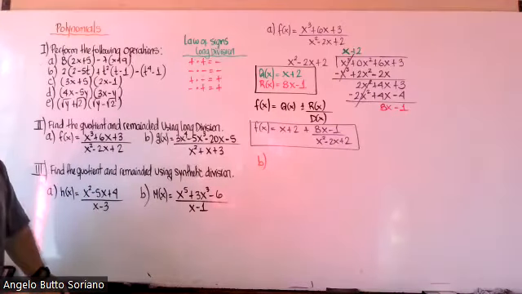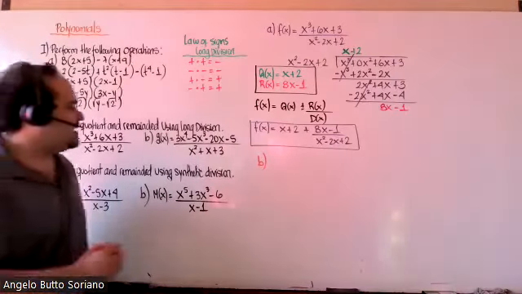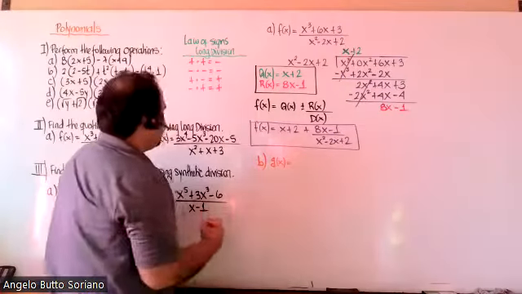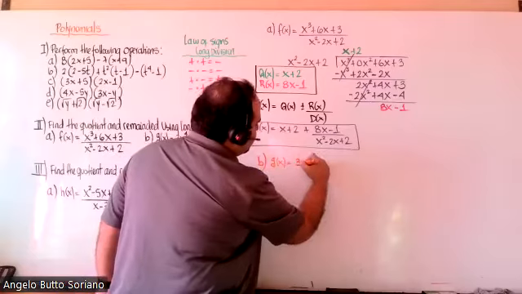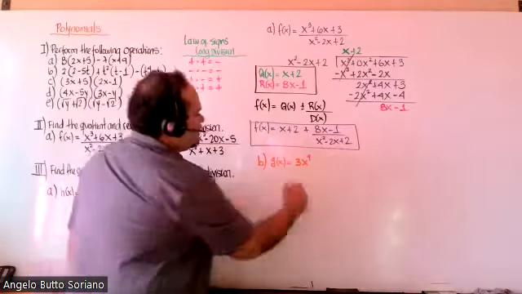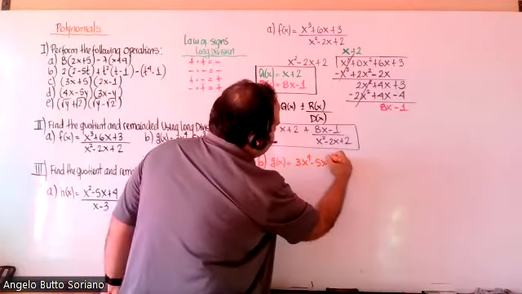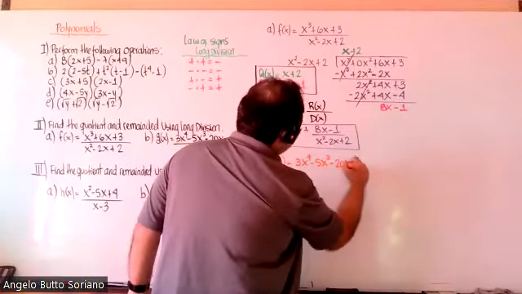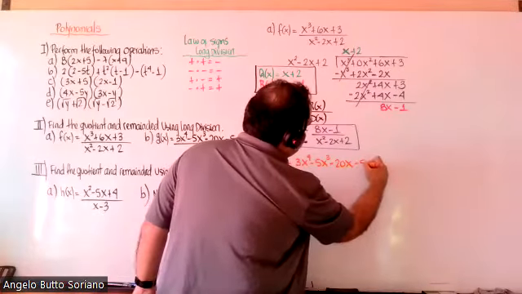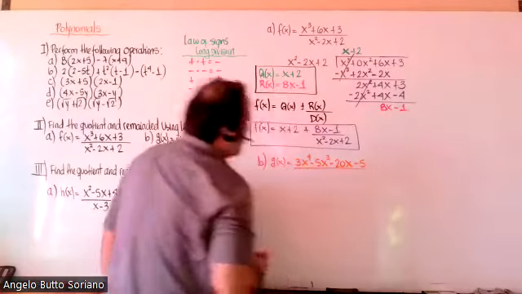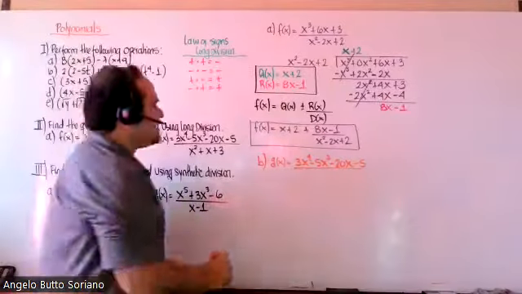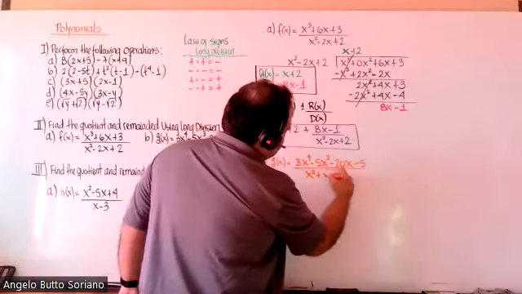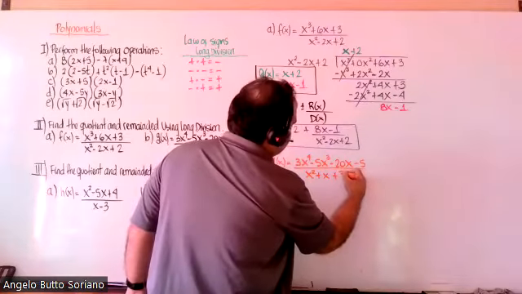In the letter B, let's check this polynomial given by G of x equals 3x to the fourth power minus 5x cubed minus 20x minus 5 over x squared plus x plus 3.